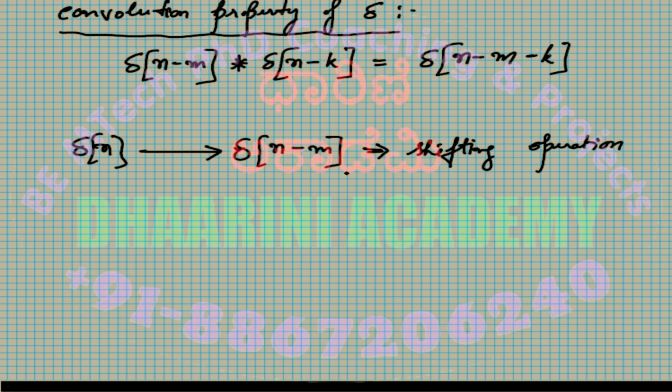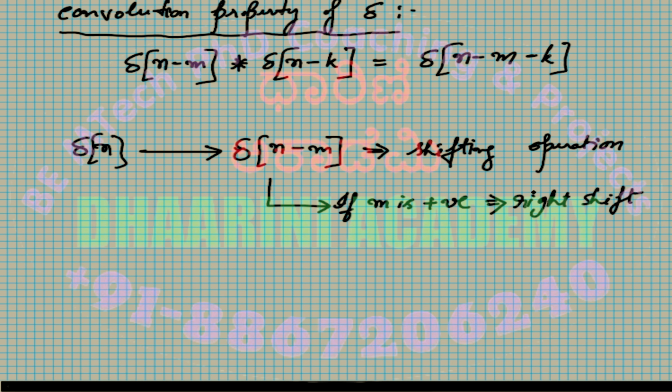Now, what types of shifts do you have? Let me say there is a function delta of n, and I have two types of operations possible. The first operation: if this m is positive, because n is a number and m is also a number, both m and n are integers, if m is a positive integer, then the shift is called a right shift.